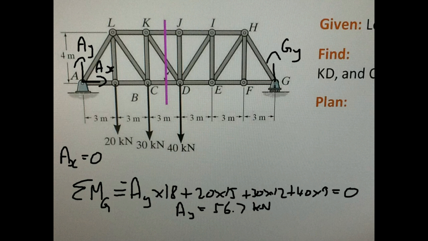We're looking for the forces in members KJ, KD and CD. Two of those members, KD and CD, pass through point D, so the easiest way to ignore those unknown forces is to take a moment about point D. You may want to refer to the slides with the diagram.